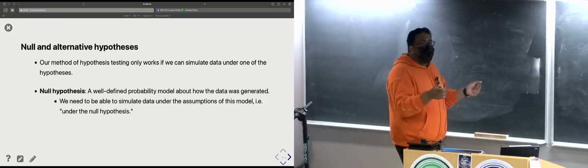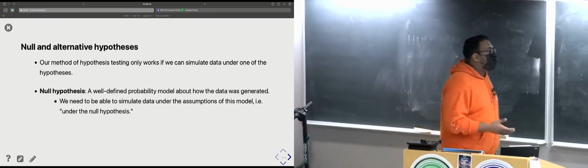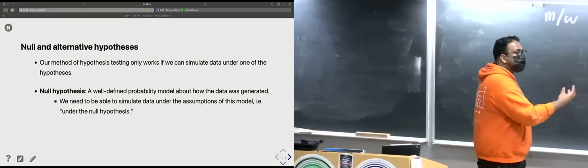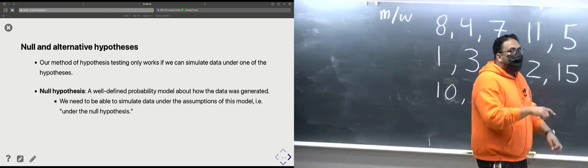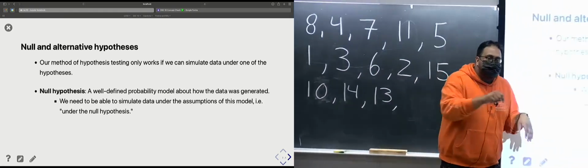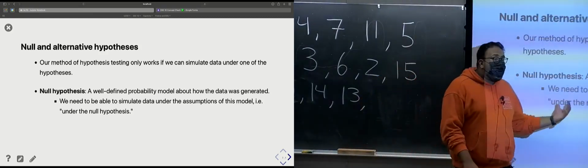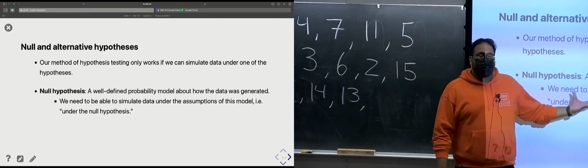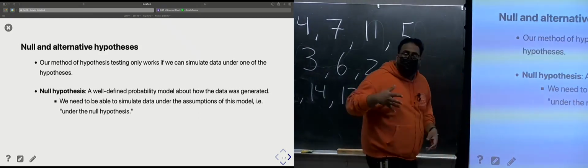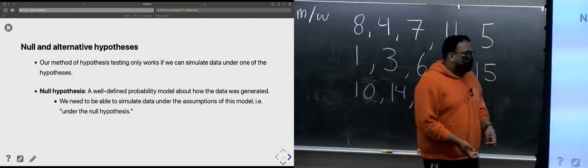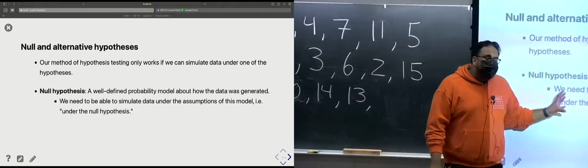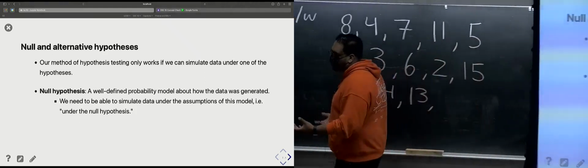Okay, and it's important that we are able to simulate data under the assumption that the null hypothesis is true. And so instead of saying, under the assumption that the null hypothesis is true, repeatedly, we will just say, under the null hypothesis, or under the null. Okay, so when you hear under the null, later on in lecture and in your assignments, all it means is under the assumption that the null hypothesis is true.